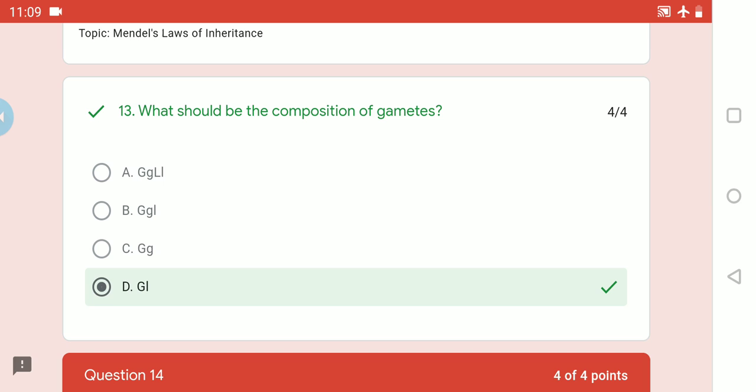If you consider capital G and capital L, during the formation of gametes, the gametes contain half the number of chromosomes, so the composition would be capital G and L. Got it? Yes.